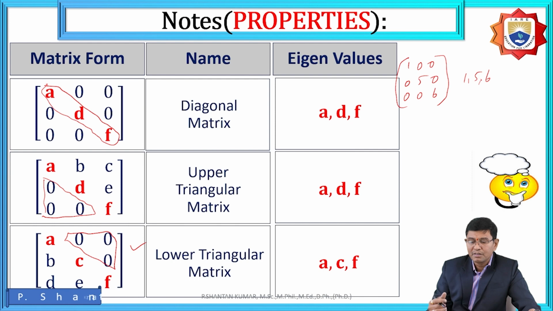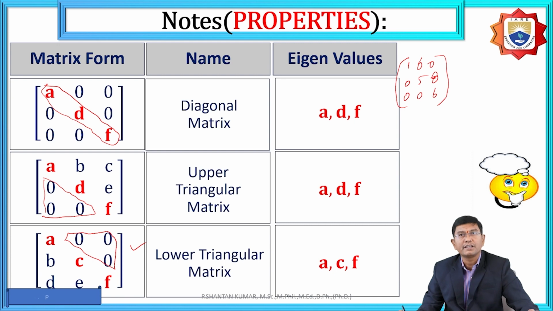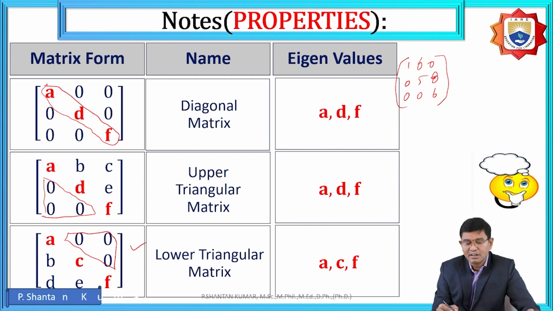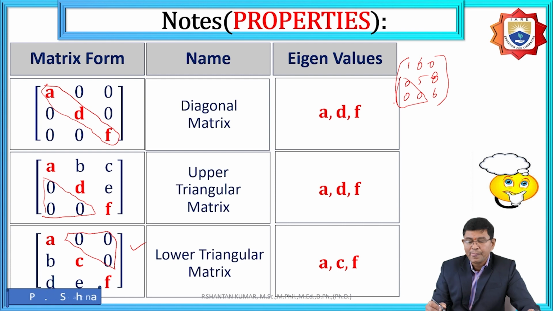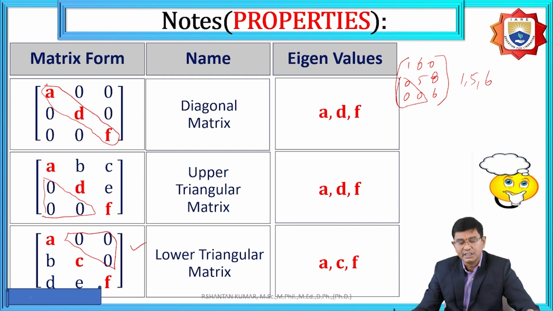For example, if the matrix is 1 0 0, 1 6 0, 0 5 8, it is clearly an upper triangular matrix, because the elements below the diagonal are 0. By the property, the diagonal elements are the eigenvalues, and in this case the eigenvalues are 1, 5, 6.